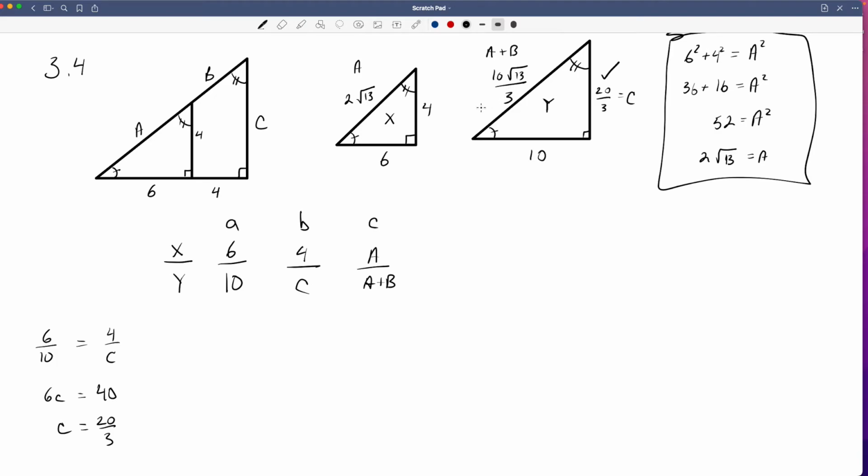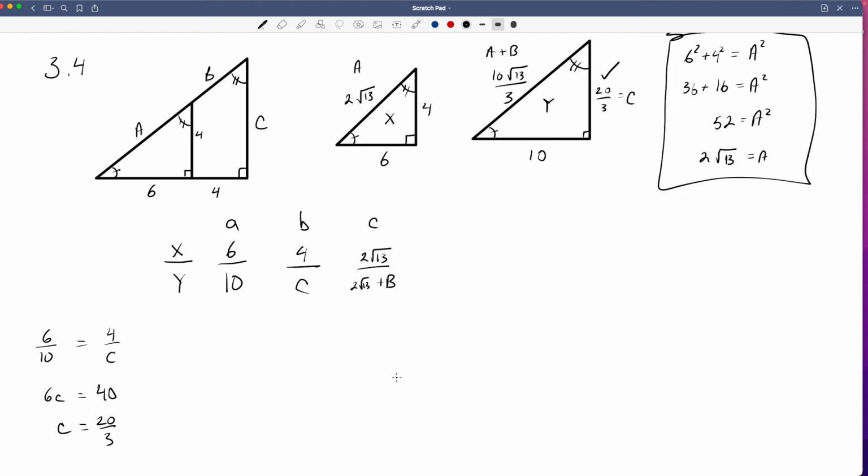Well, now that we have A, which was the easiest one to find, we can replace this with the square root of 2 times the square root of 13 right there. So now we can take this proportion and compare it to this one. And because A is the same thing here, we want to do that here. 2 times the square root of 13 as well, right?